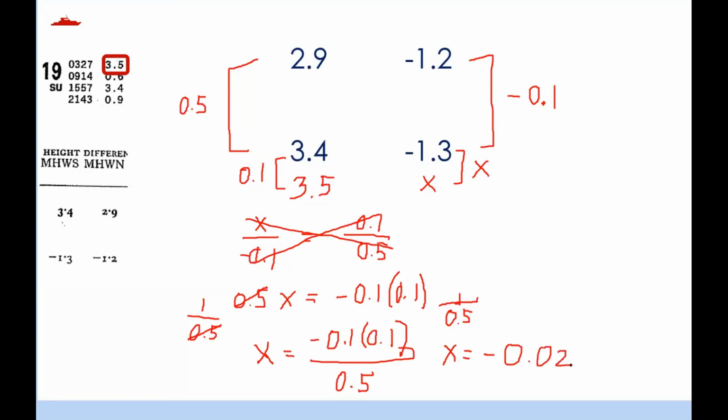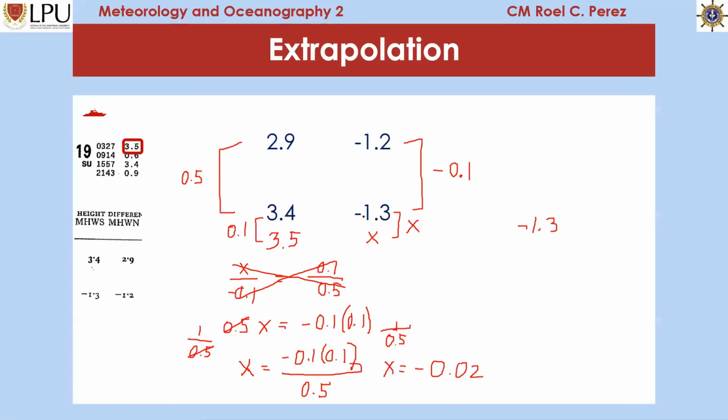Okay, so we will apply negative 0.02 to negative 1.3. So, are we going to add or subtract to or from 1.3? Okay, so here, this is 3.4. This is increasing to 3.5. So what are we going to do?